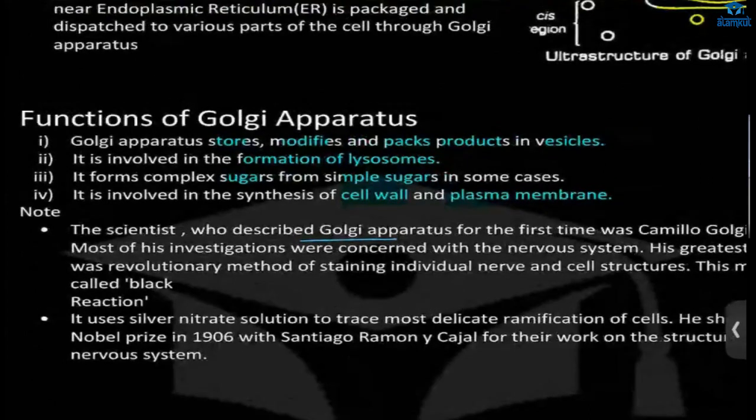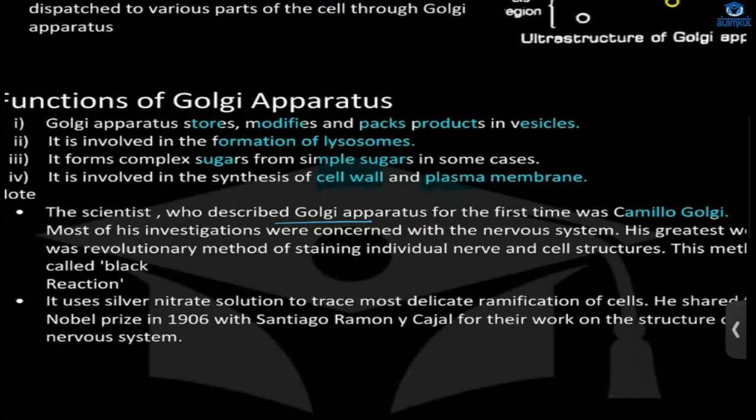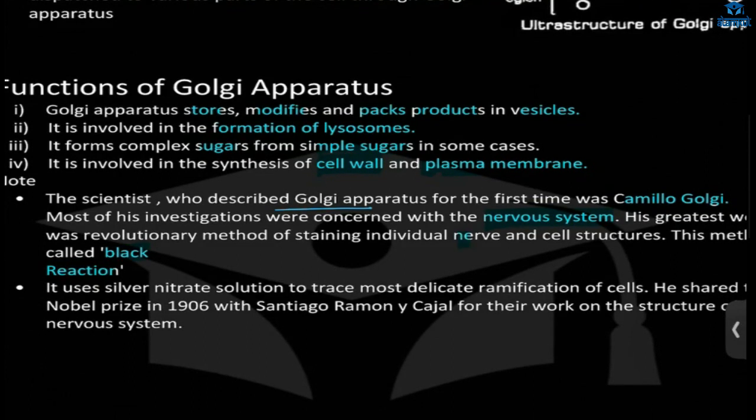Who discovered this, Camillo Golgi? Most of his experiments were concerned with the nervous system. His method was called the black reaction, which stained the nerves and cell structure. All this happened by the black reaction.